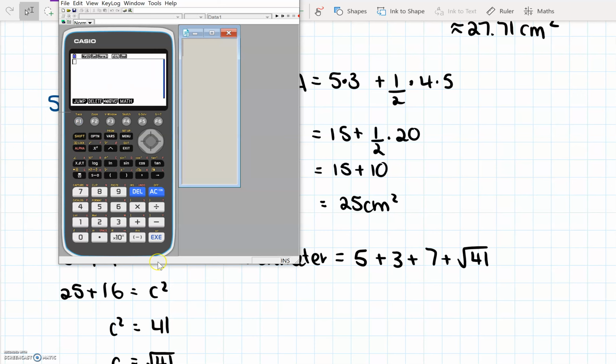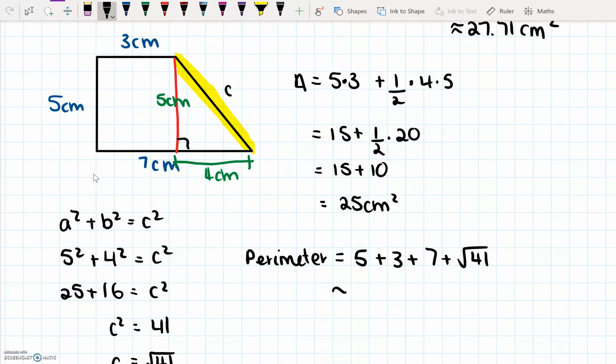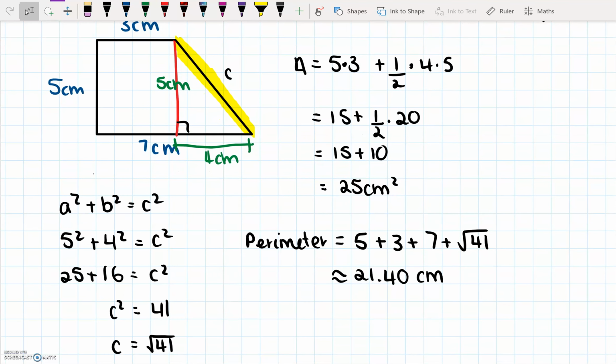So we have 5 plus 3 plus 7 plus root 41 equals, and if we turn it into a decimal, we get 21.40. So the perimeter is approximately equal to 21.40 centimeters. So this is using an auxiliary line, or a line that will help you.